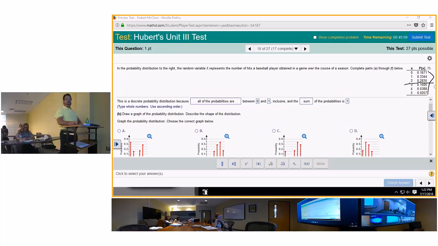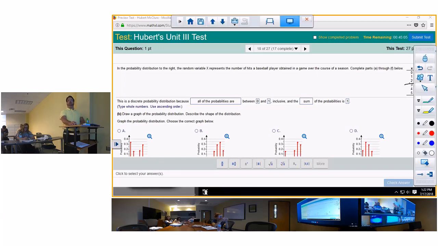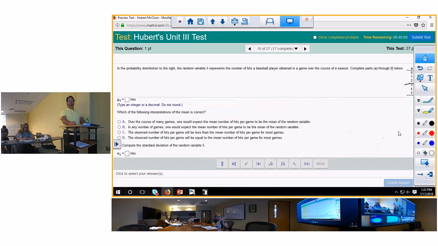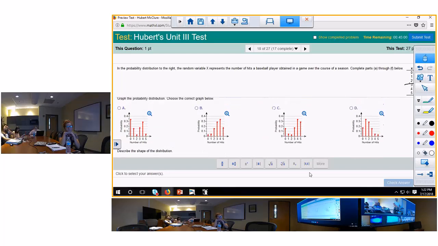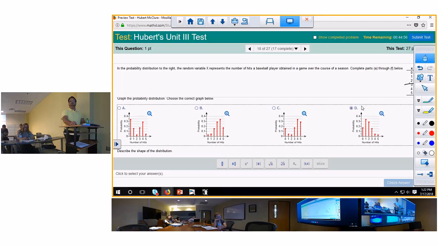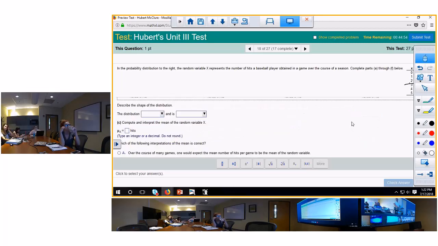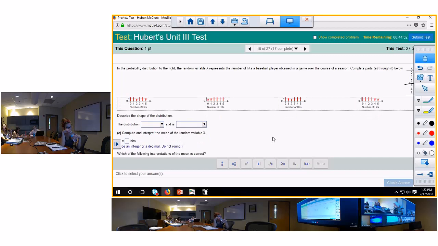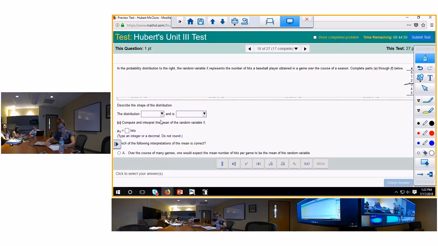Okay, so look at these down here. Let me get my pointer back. I would say probably delta. The distribution, I don't think it's uniform.